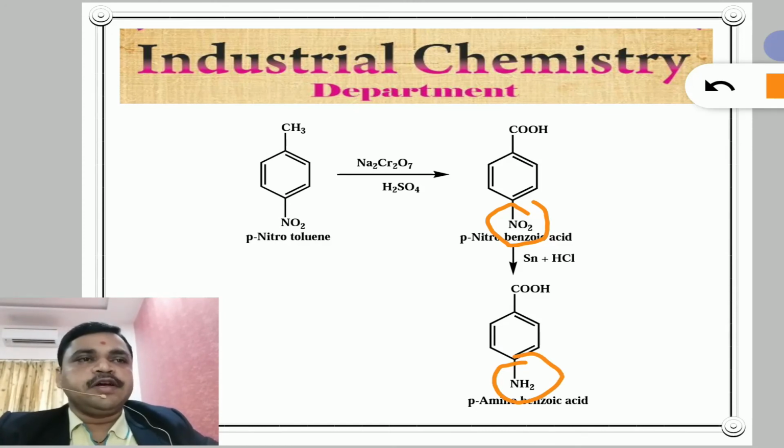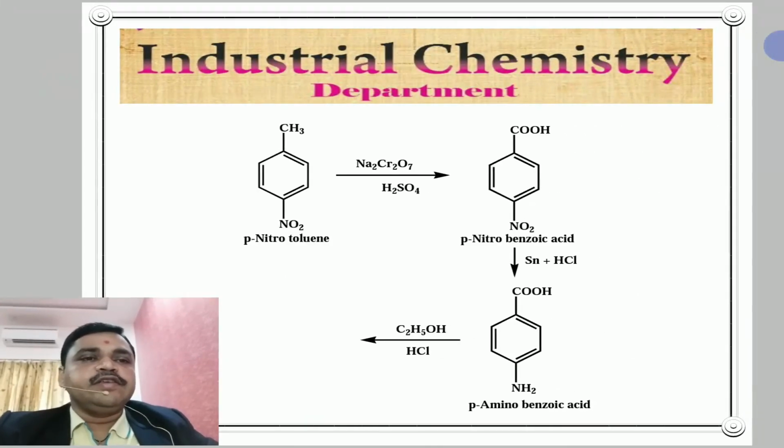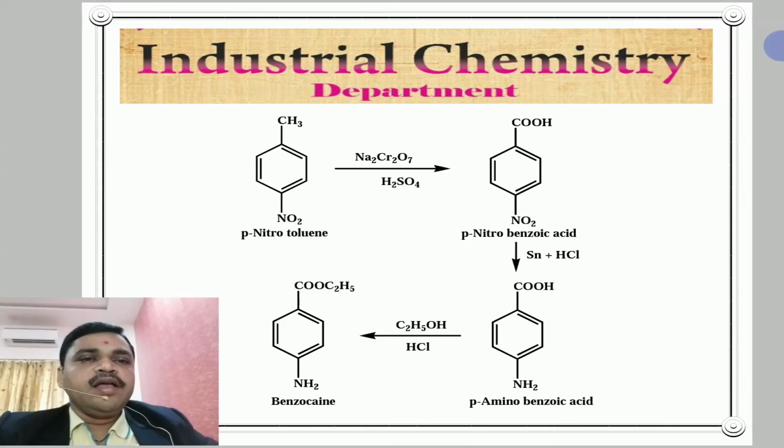So this is the acid metal reduction. Now this para-aminobenzoic acid is treated with ethanol in the presence of hydrochloric acid. And finally we get benzocaine. By this route we synthesize benzocaine as an anesthetic drug.